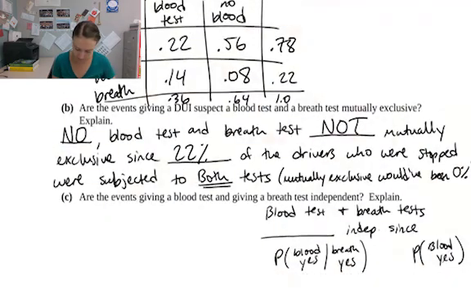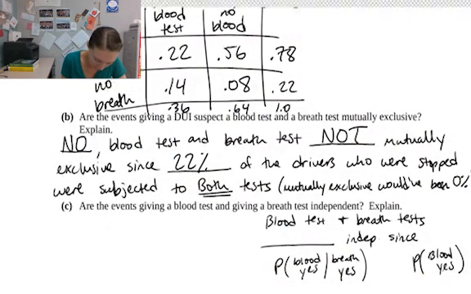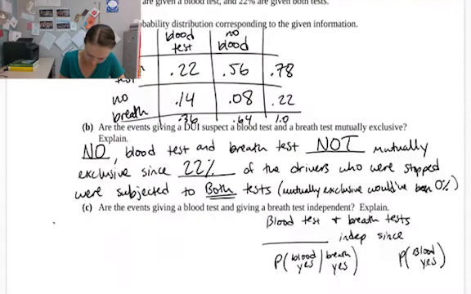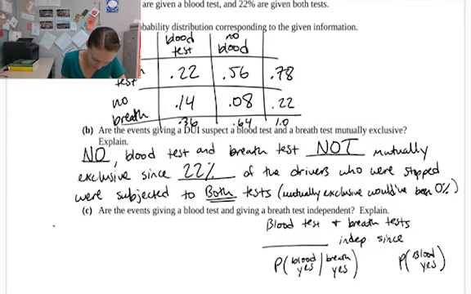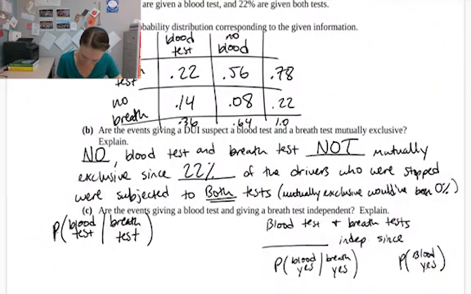Now, are they independent? So now I want to figure out the probability that they were given a blood test, given that they had a breath test. Is that the same as the probability that they had a blood test overall?